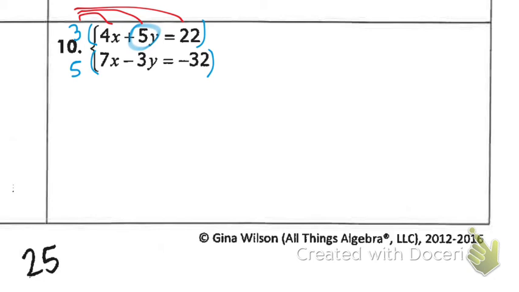What do you get when you multiply the 3 by 4x plus 5y equals 22? Luke, what is that equation now after you multiply by 3? 12x plus 15y equals 66.